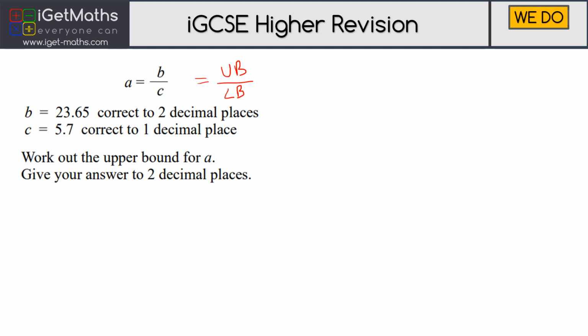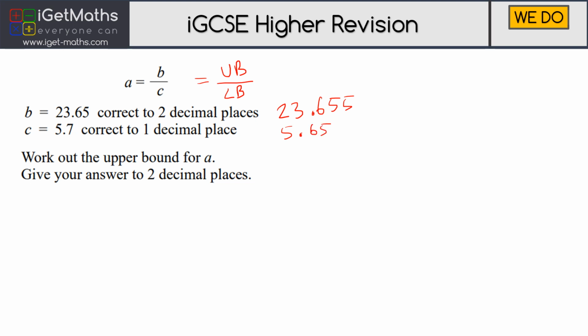So 23.65 correct to 2 decimal places for the upper bound would be 23.655, and 5.7 correct to 1 decimal place for its lower bound would be 5.65.